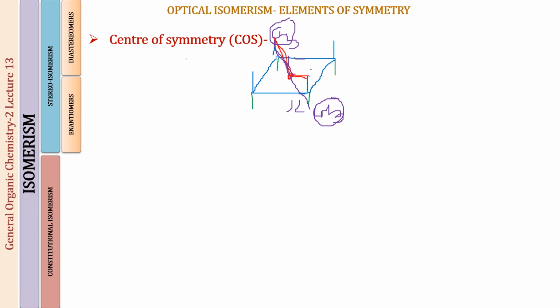Fine. If it is a CH3 present over here, and obviously there will be a hydrogen present over here then. Just let me clear it out. So here it will be a hydrogen. Fine.